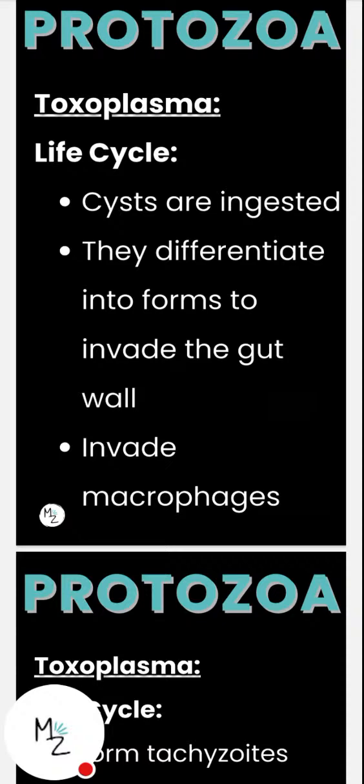Cysts in cat feces or in meat are ingested by humans, and they differentiate into different forms in the gut. And then they are able to invade the gut wall. We are talking about the human gut, right? The cysts infect macrophages and form trophozoites, the tachyzoites actually.